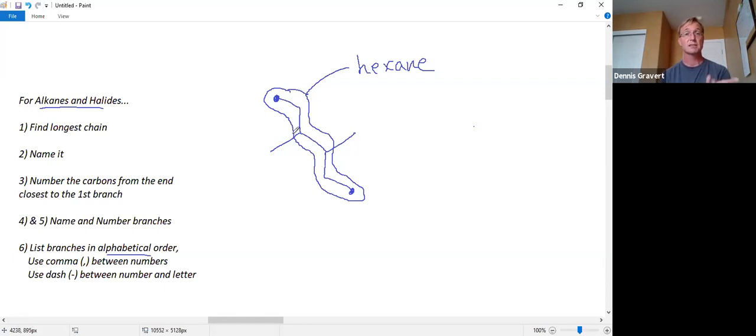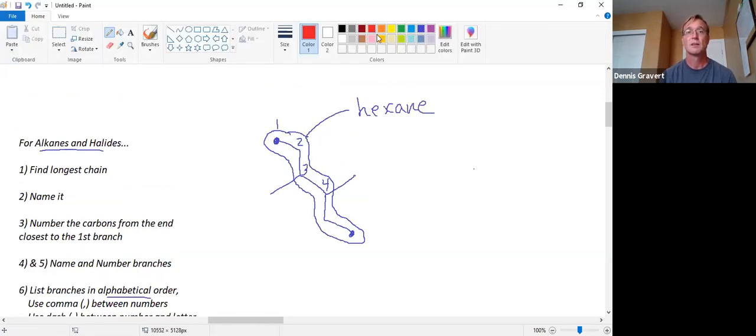Okay, IUPAC says, all right, the first branches are tied, find the second branch. Okay, so this is 1, 2, 3. Here's my 4th branch, shows up on carbon 4. But coming from the other side, I should change the pen color. Come in from the other side, here's a 1, 2, 3, 4.